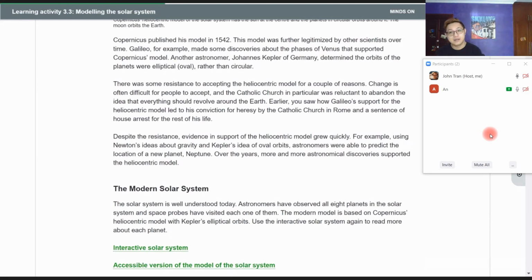So throughout the years, there was more and more evidence proving that the heliocentric model is the real one, the true one. We found Neptune around 1870, and later Pluto at about 1930, based on Newton's idea of gravity and Kepler's idea of oval orbits.